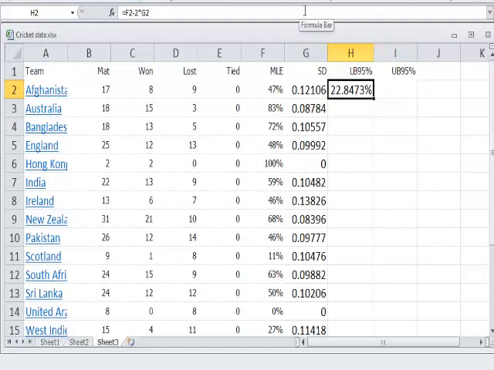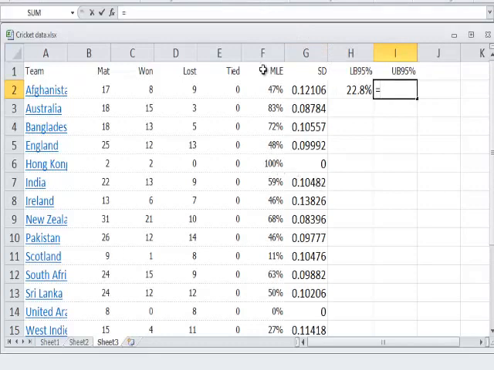Okay, and now the upper bound will be the same thing. Change this percentage to a number.